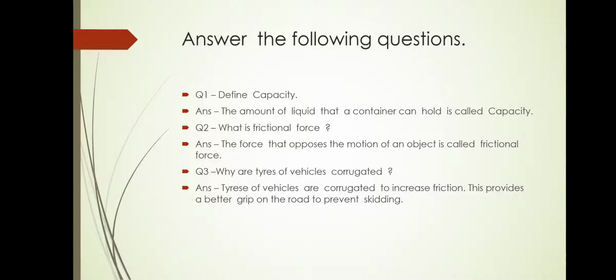And the answer is tires of vehicles are corrugated to increase friction.